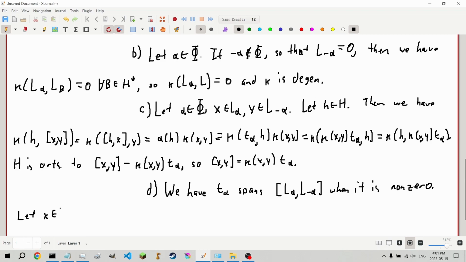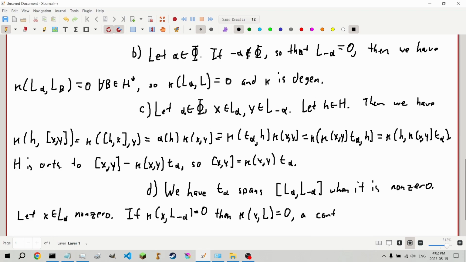Let x in L alpha be non-zero. Then if the killing form of x from L alpha and L negative alpha is 0, then the killing form of x and L is 0 by means of B. But this is a contradiction.